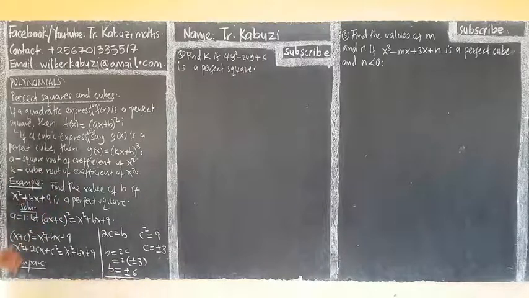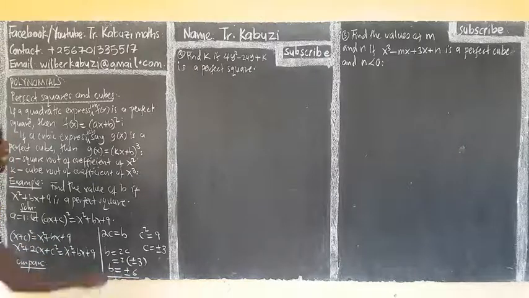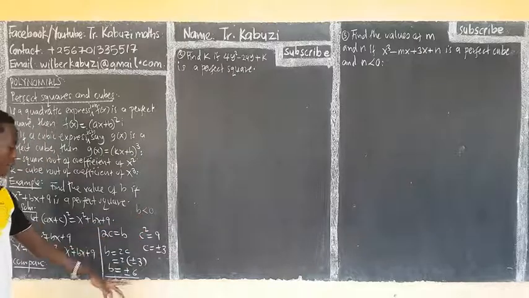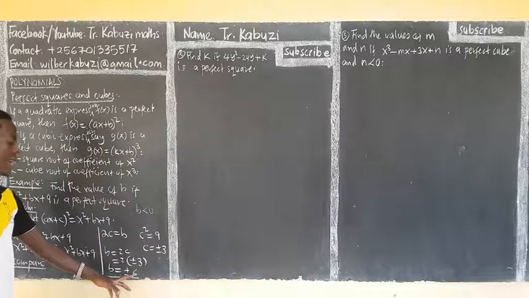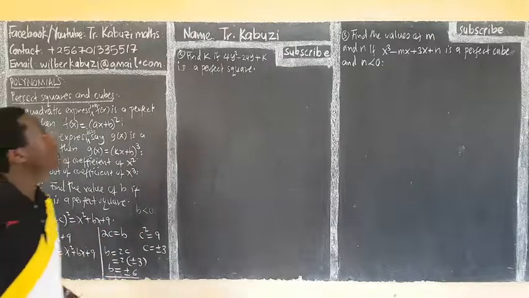That is if you don't put any condition on b. If they say b is positive, we take positive 6. If they say b is less than 0, meaning negative, we use b as negative 6.